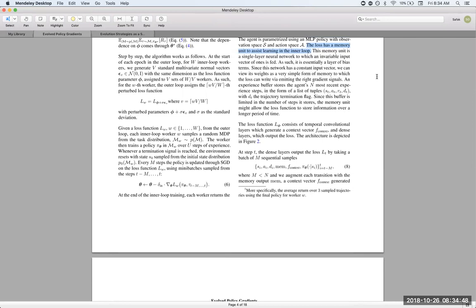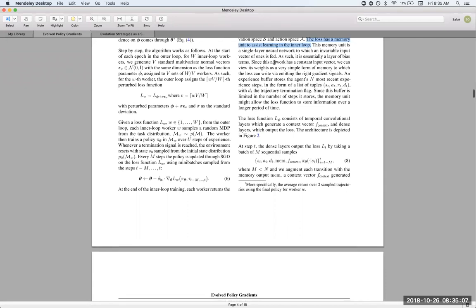They are doing it with temporal convolutions, which is essentially the same thing as an RNN. This memory unit is a single layer neural network to which an invariable input vector of ones is fed. So these are the fine details of the loss function.